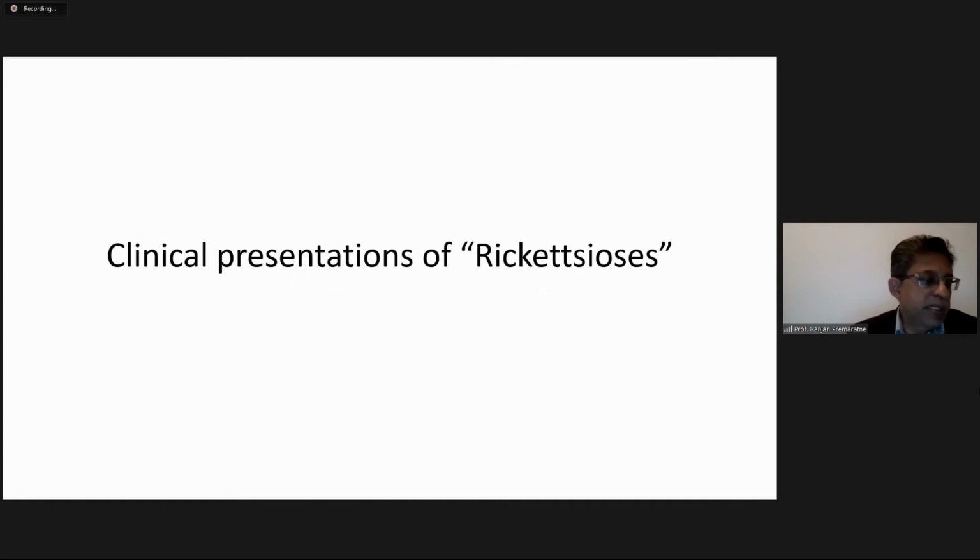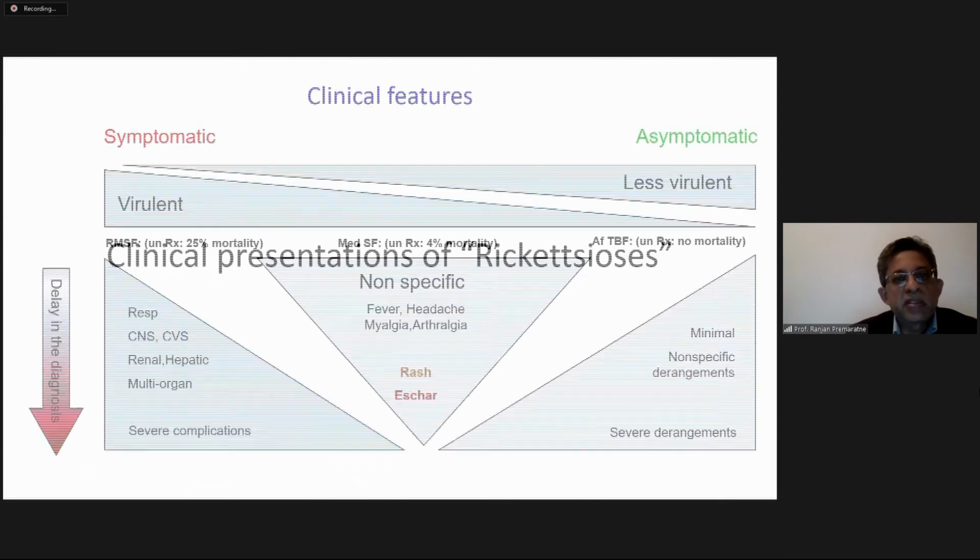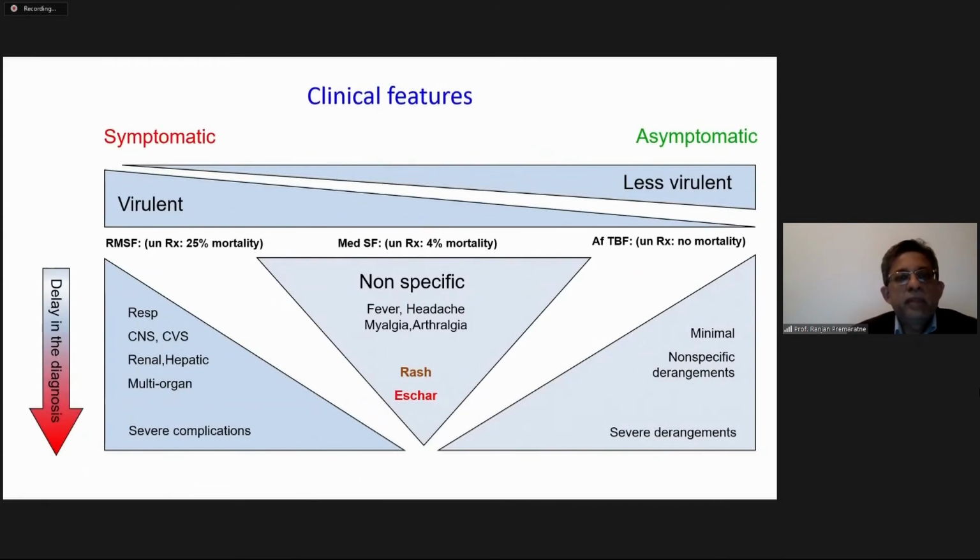Then going from there to clinical presentations of rickettsioses, I think probably you all are very familiar with this infection by now, but just to recap some of the clinical manifestations. This is not the data from Sri Lanka, but taking all the data, I have produced this simplified graph.